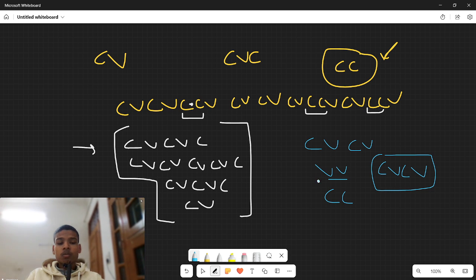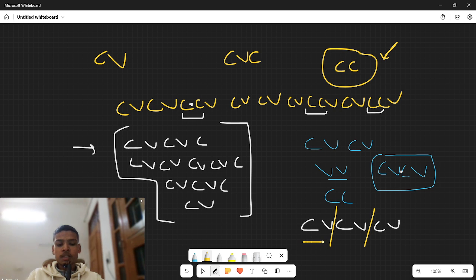So if my pattern is like this, how can I divide it into valid syllables? If my length is even, for example in this case, I can simply divide it into two equal parts. I can make a dot here. Now suppose there is another case, CV CV CV. What is its length? Its length is 6 and it is even also. So I can divide it like here and here.